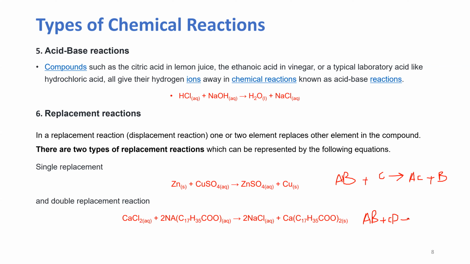So what you're expecting in the double replacement, there could be the AC or AD, anything you can write to represent that one, but of course you can't write AB again, right? So AD, and there is the B and C, right? So they are the two elements which have replaced the two elements. So there is the double replacement.